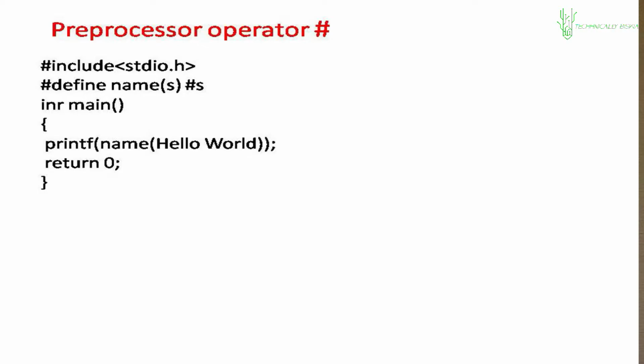So that is precisely what will happen over here. Automatically it will happen because of that conversion. When you are saying name hello world, that is the macro name with hash, hello world will automatically have a pair of double quotations around. Alright, got this example?